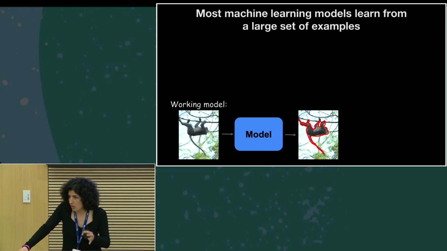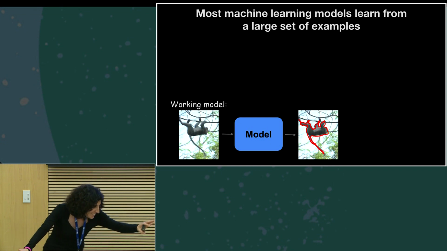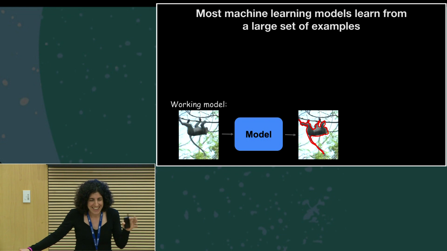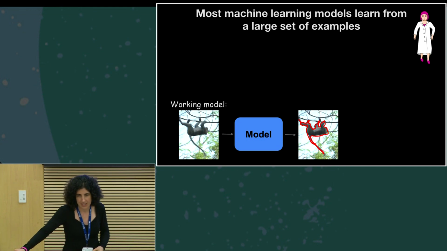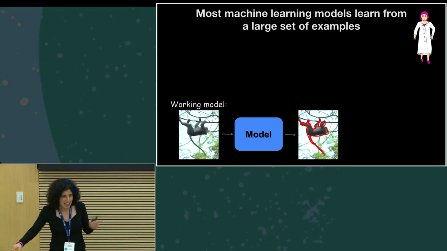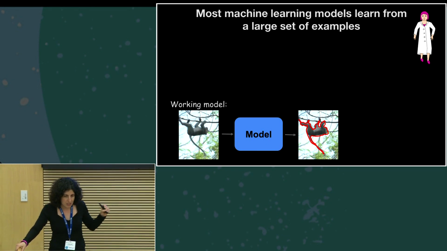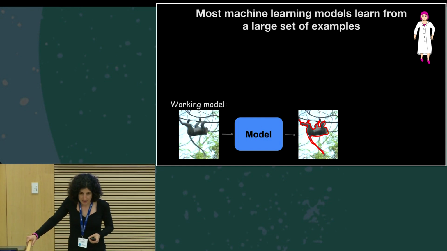So we take lots and lots of monkey images. No animals here in this airport. And we need someone to mark them, usually by hand, one by one. So we have our research associate, and she works one by one to mark this red curve on all the monkeys.